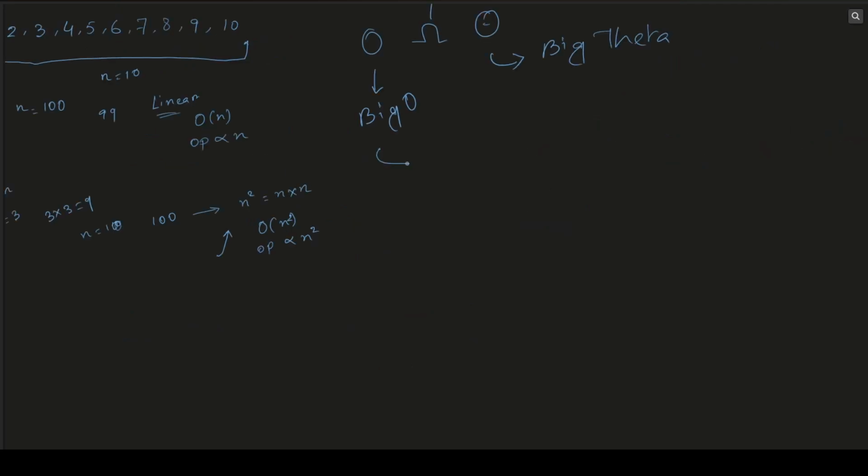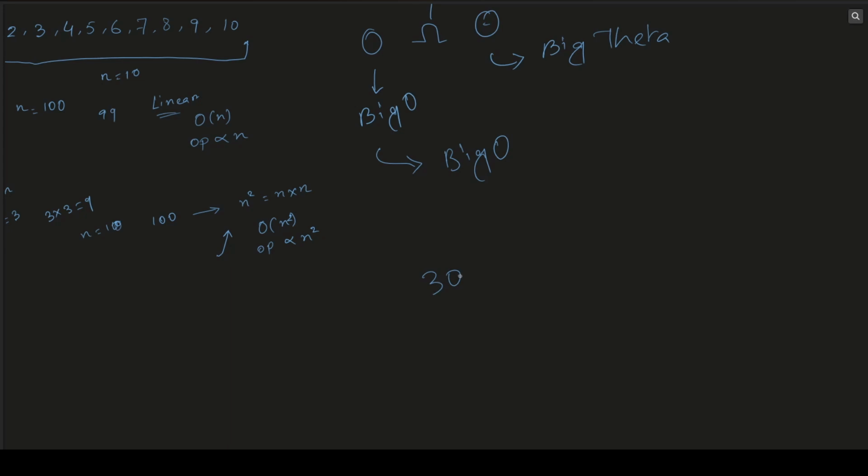So let's start with the most famous one, big O. Big O gives an upper bound. It says no matter what, the time will not exceed this much. Take pizza delivery as a real life example. Suppose you order a pizza, and the restaurant says it will be delivered in 30 minutes or less.